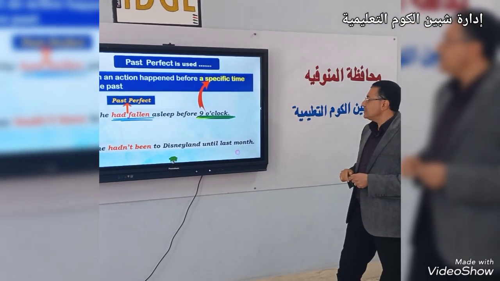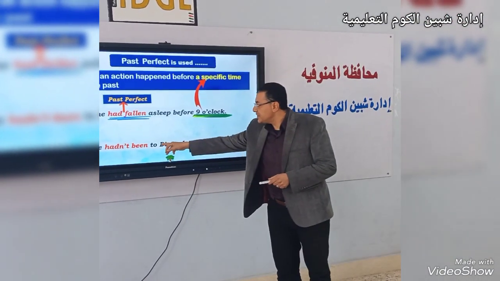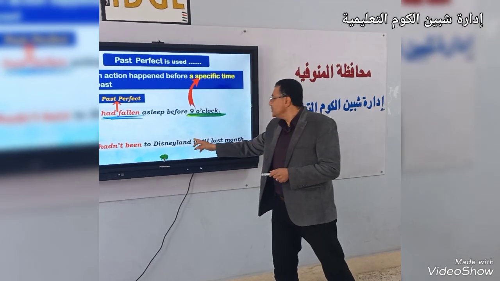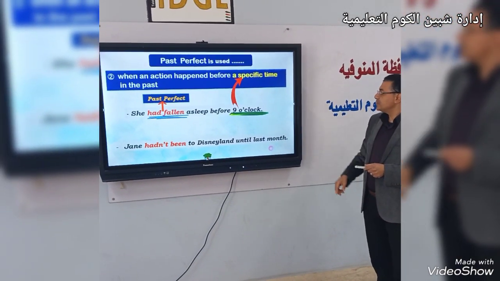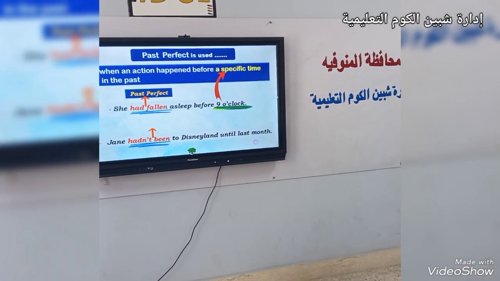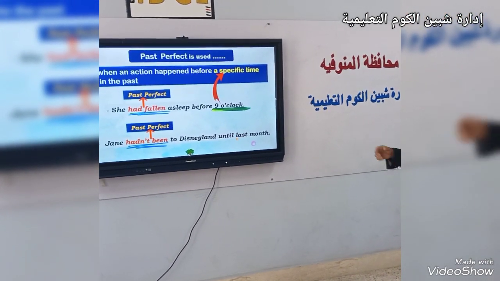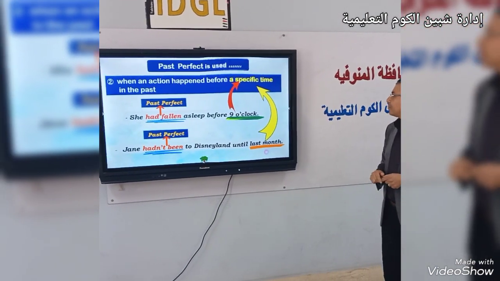Jane hadn't been to Disneyland until last month. The first action in the negative form, hadn't been to Disneyland, until last month. This is a specific period of time. This is past perfect, the first action, and this is the specific period of time.